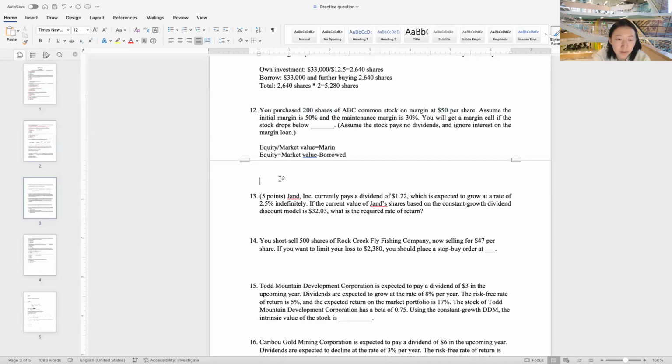So the amount borrowed is 50% times 200 shares times $50 per share, and that equals 5,000.